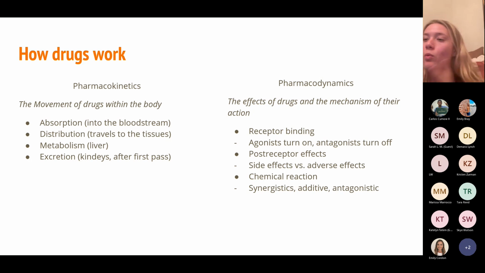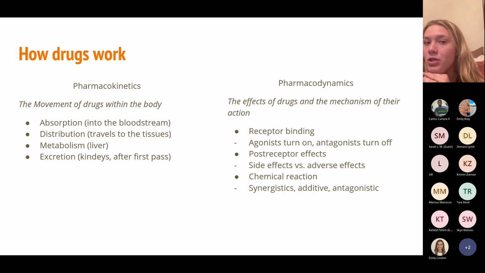Pharmacodynamics is more what the drug is doing to the body. A couple of topics we'll talk about today start with receptors. Remember, agonists turn on, antagonists turn off a property. Specifically, antagonists turn off by competing for a receptor site.